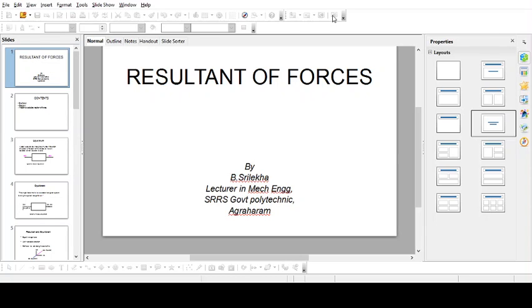The first force is a force of 20 newtons acting due east. The second force is a force of 25 newtons acting 40 degrees north of east. A force of 10 newtons acting 50 degrees west of north. A force of 30 newtons acting vertically downwards.